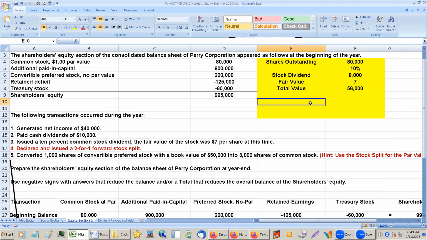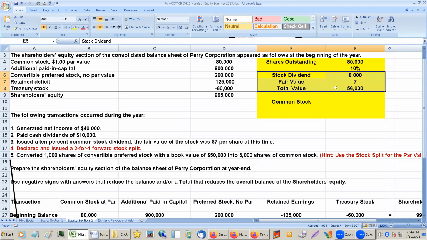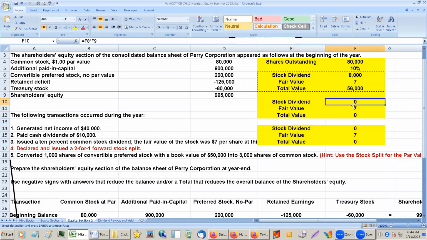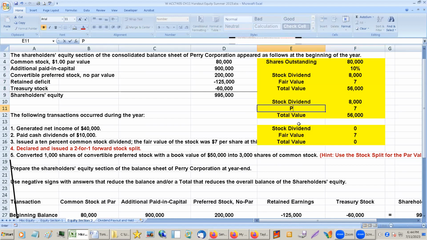Now, the question is how much of it goes to common stock? Well, the par value is... Okay, par value.